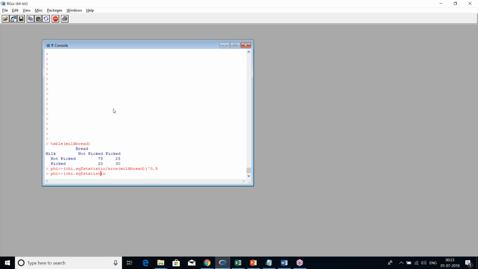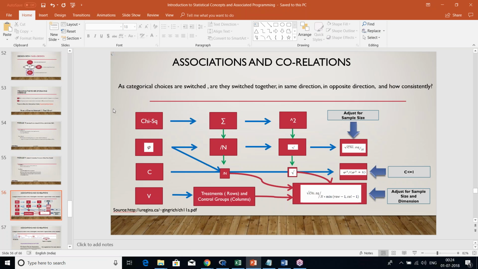Please see how that is done. So this is the value 16.10885, the chi-square metric we calculated earlier. Now we're calculating the phi metric, which adjusts for the total number of observations. We divide the calculated chi-square metric by the total number of observations, and then we take a square root, because that's the second treatment.